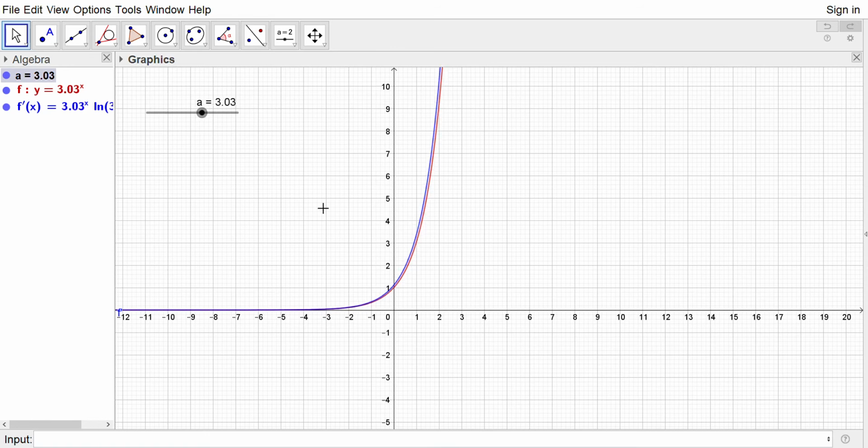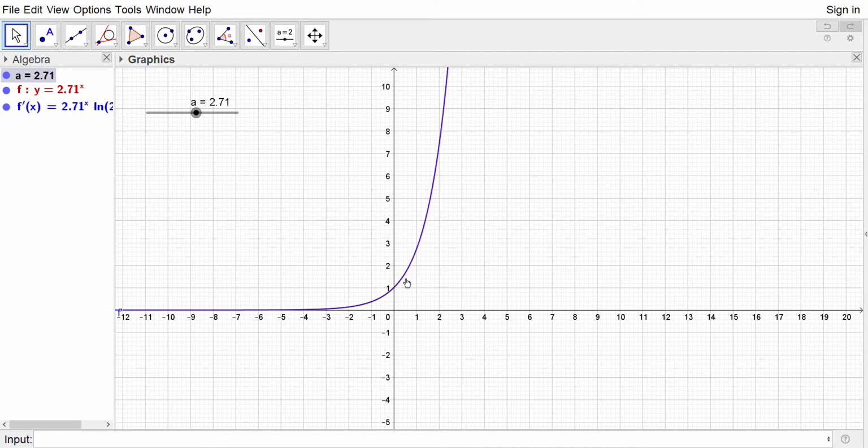If I go too high, the gradient function increases quicker than the original function. Go too low, and it always increases slower than the original function. So we're going to be interested in this special value here, somewhere in between 2.71, 2.72.